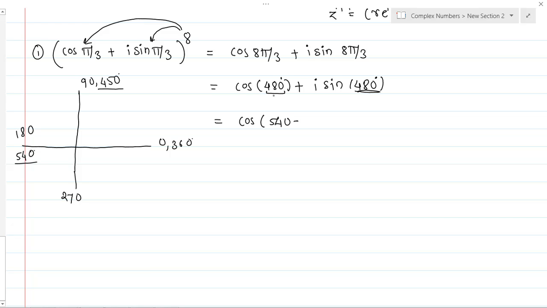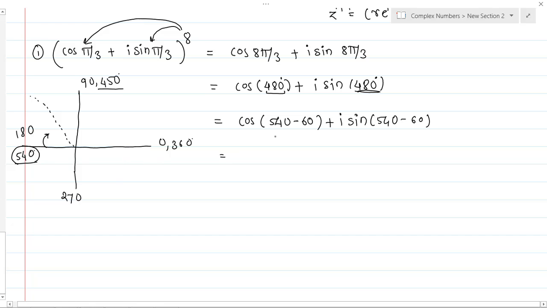I want to reach 480 degree. I want to go in the second quadrant, and the next limit is 540, so I want to go this side. So how will you write 480? 540 minus 60 degree. So cos of 540 minus 60 degree plus i sin of 540 minus 60 degree.